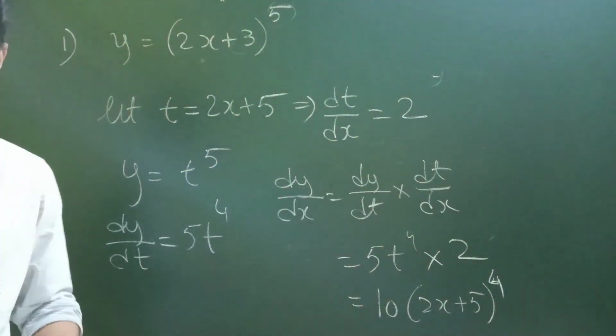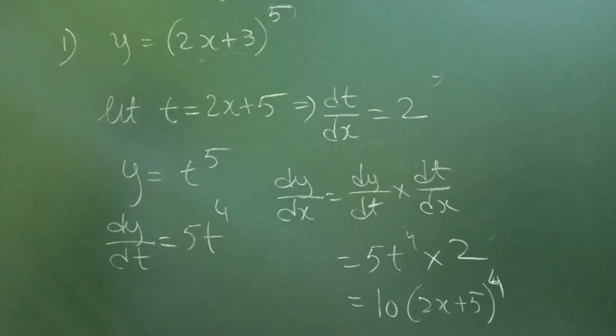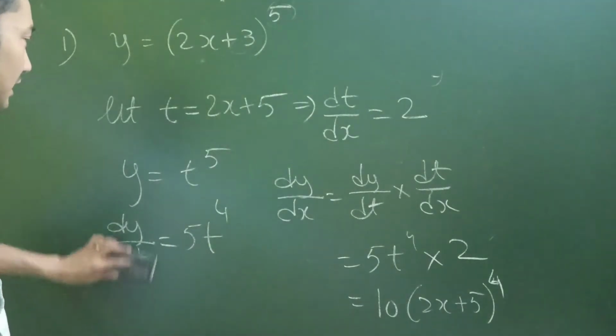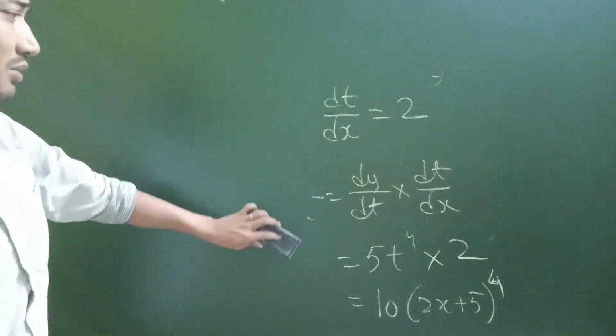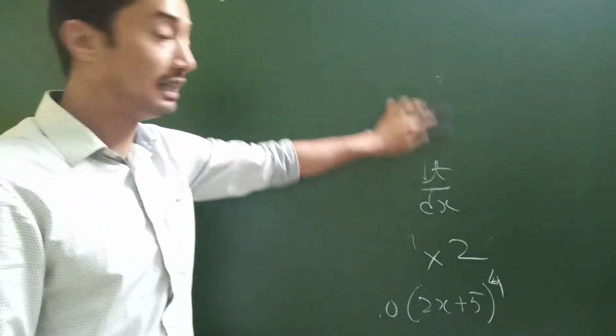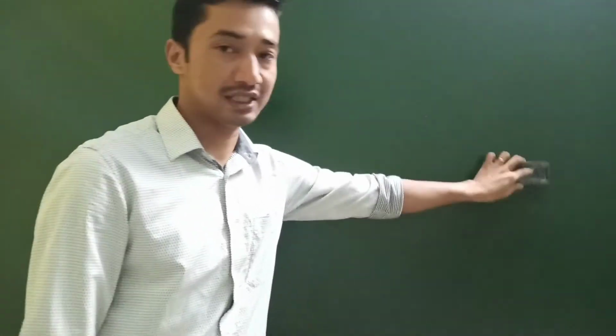So this is my derivative dy by dx. That's basically the way we do it. But we are not going to write all this in detail. What we will try to do is identify the functions and then go straight to the derivatives. I think you are all ready for that.